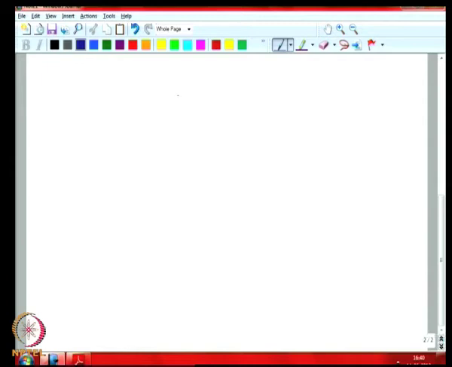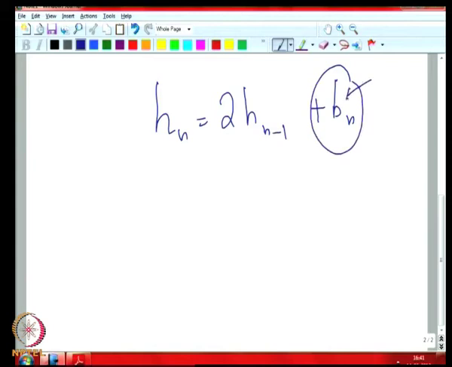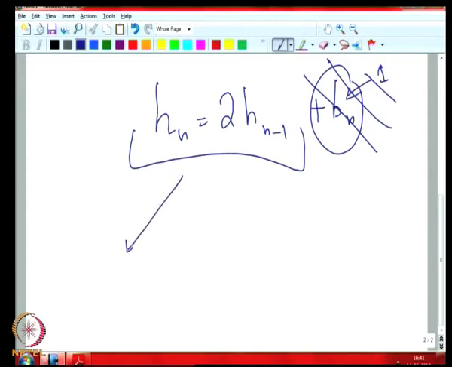There is a homogeneous part, Hn equal to 2 into Hn minus 1, which means we just discarded the plus Bn part, which here is 1. This is called the homogeneous part of the recurrence relation.